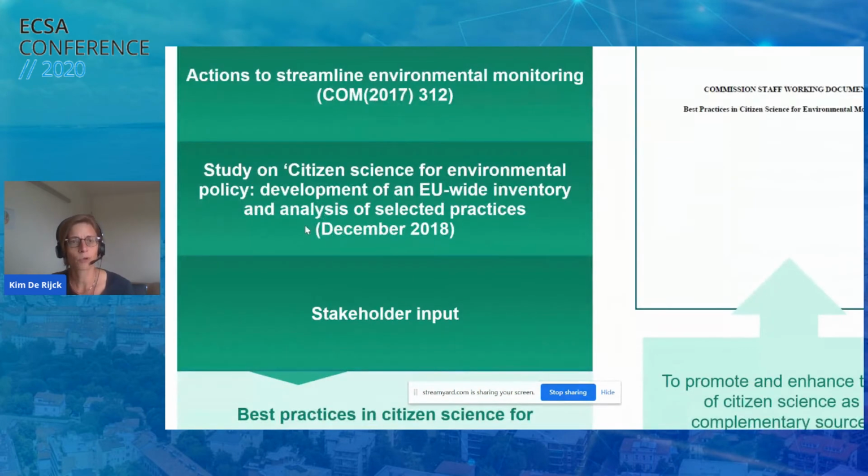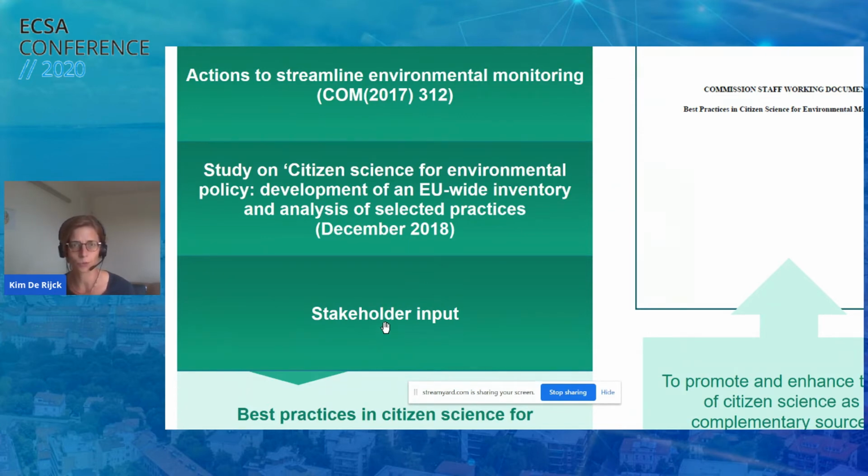From that followed a study on citizen science and its use for environmental policy. It takes stock of good practices: what are the benefits, the opportunities, but also the challenges and hurdles, and how could they be overcome? This was also consulted on with stakeholders.